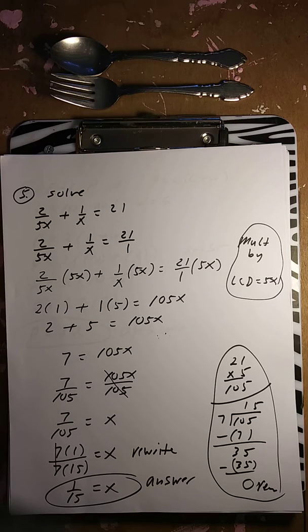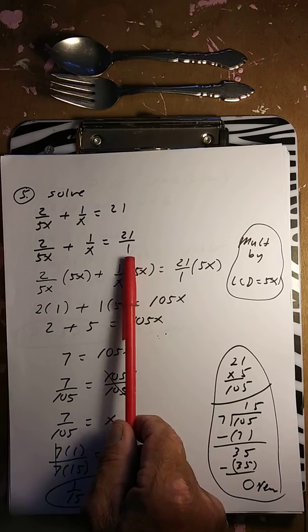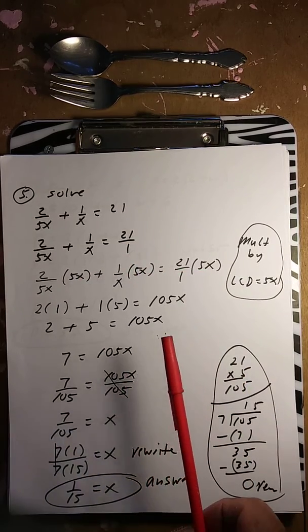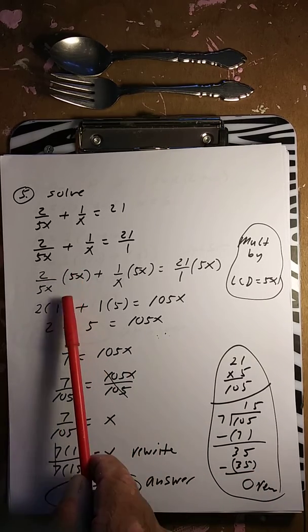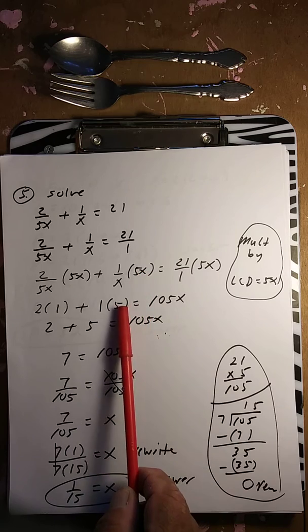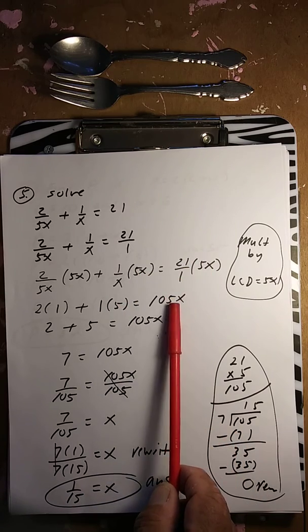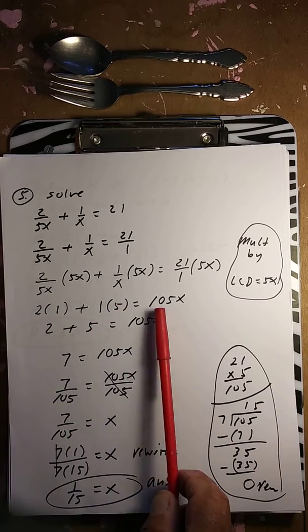Two over 5x plus 1 over x equals 21. Rewrite it with a 21 over 1 right here. Multiply everything by 5x. The LCD is 5x. That's what I'm multiplying by. 5x all the way across. So 5x divides 5x, 1. x divides 5x, 5. And 1 divides that, 5x times 21 is 105x. 2 times 1 is 2. 1 times 5 is 5.